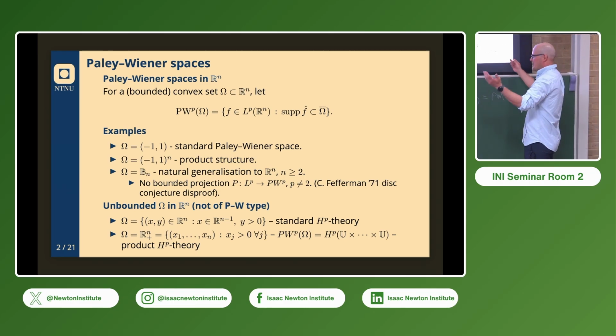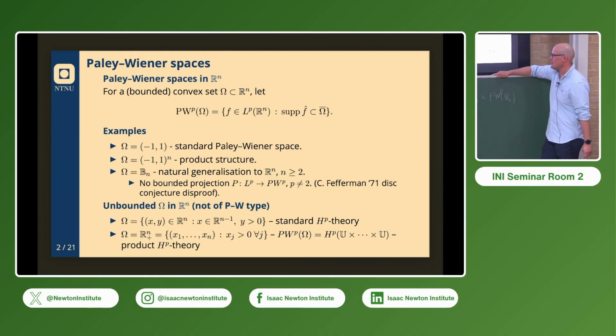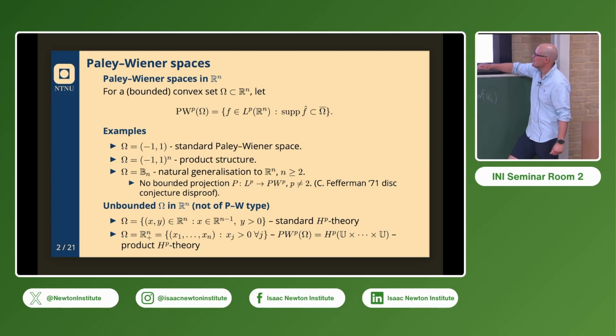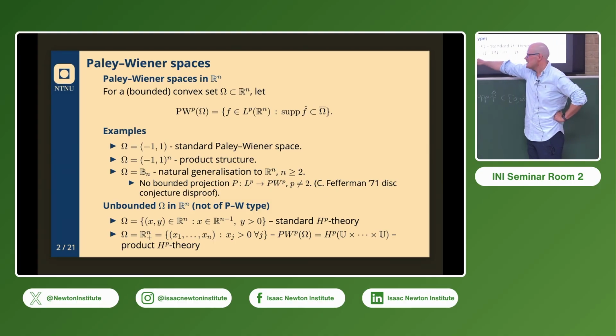The so-called multi-parameter Hardy space theory, which Robert Fefferman and Alice Chang wrote a lot about and which was a big deal in the 80s, 90s and early 2000s, is a product theory where the functions have Fourier support in a cone, like an octant.